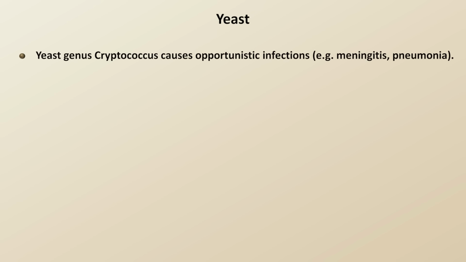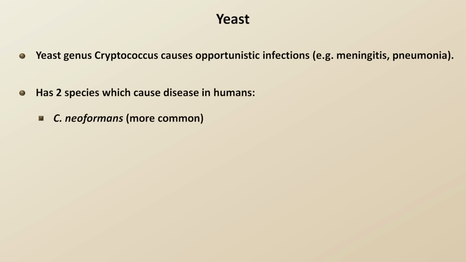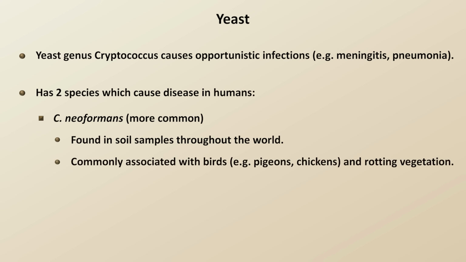The other medically important yeast genus is Cryptococcus, which also causes opportunistic infections, particularly meningitis and pneumonia. It has 2 species which cause disease in humans. First, the more common of the 2 is Cryptococcus neoformans. This is found in soil samples throughout the world and is most commonly associated with birds, particularly pigeons and chickens, as well as rotting vegetation.